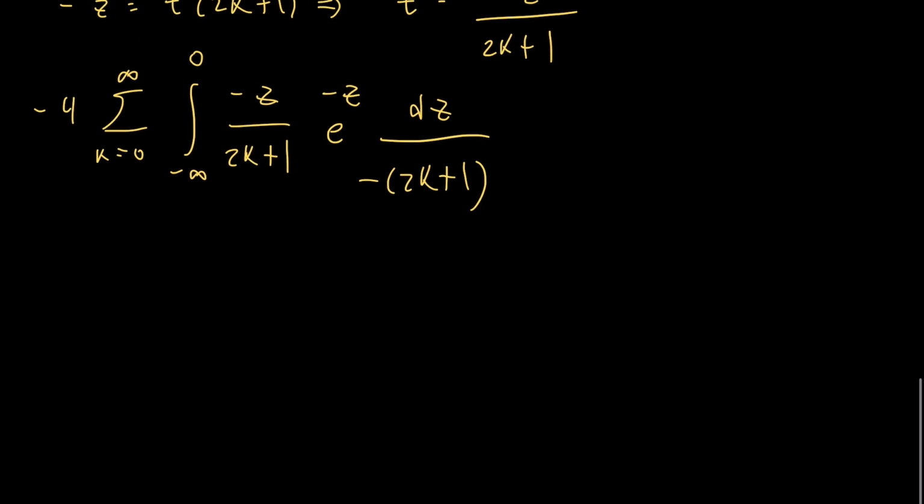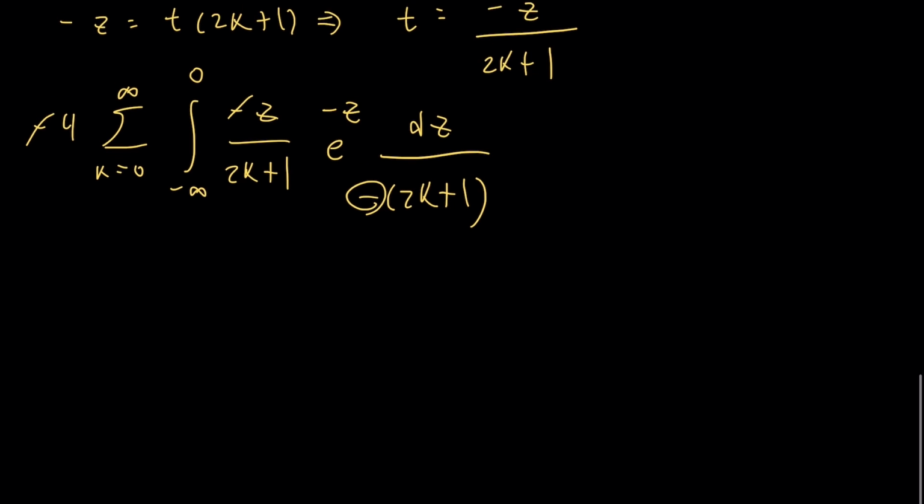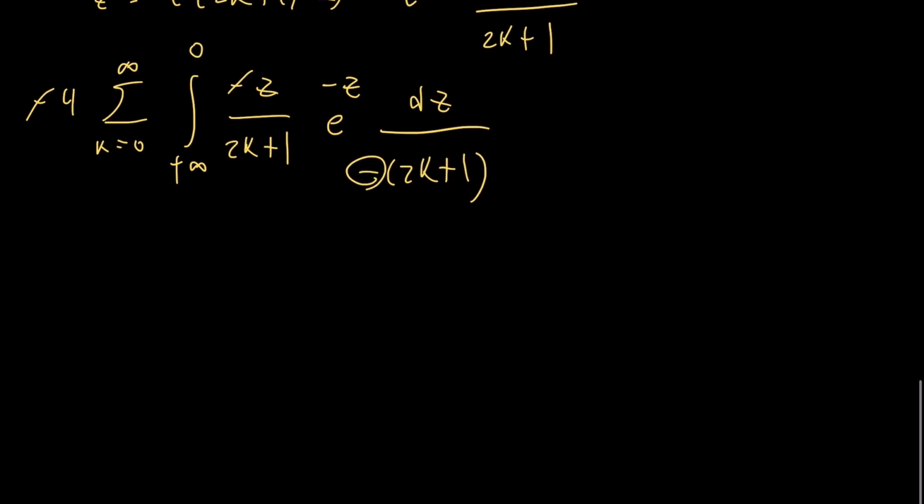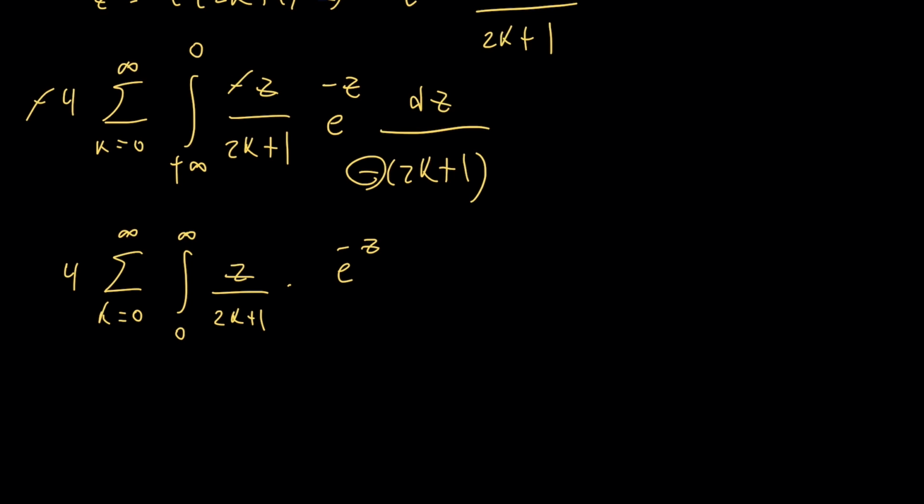And then from here, this will turn into a positive, and we'll use this extra negative to flip the bounds of integration. Well, actually, this will be a positive infinity. So we're going to have 4 times the sum from 0 to infinity, and then the integral from 0 to infinity of z over 2k plus 1 times e to the negative z divided by 2k plus 1 dz.